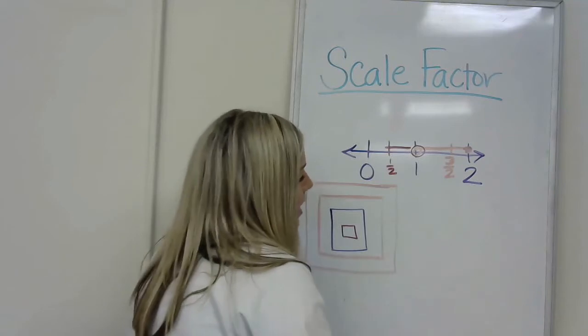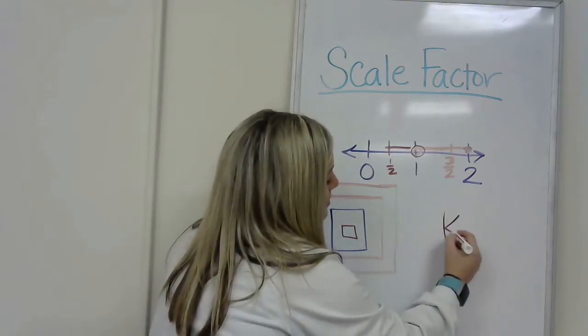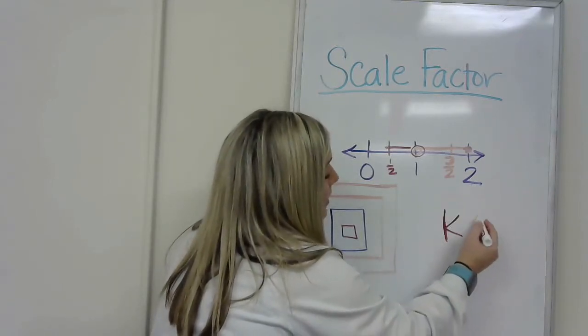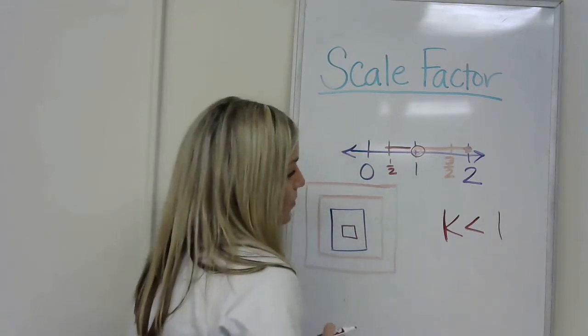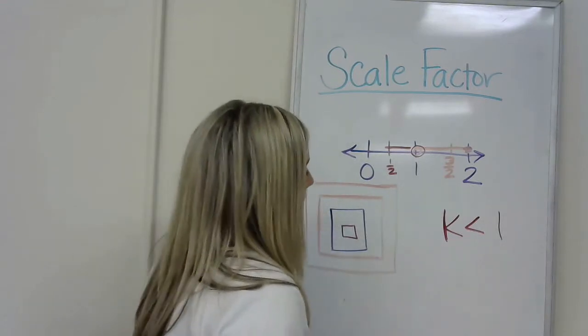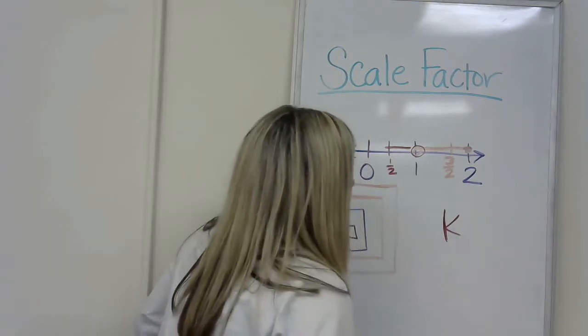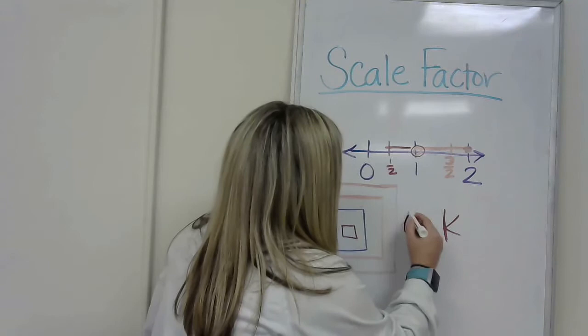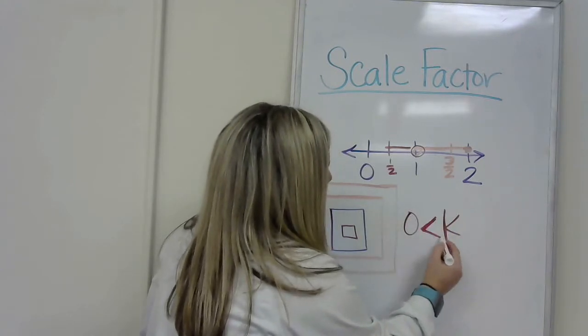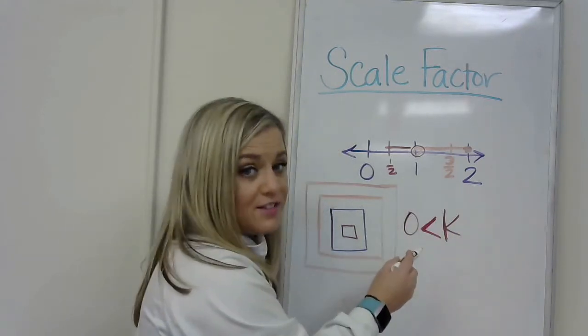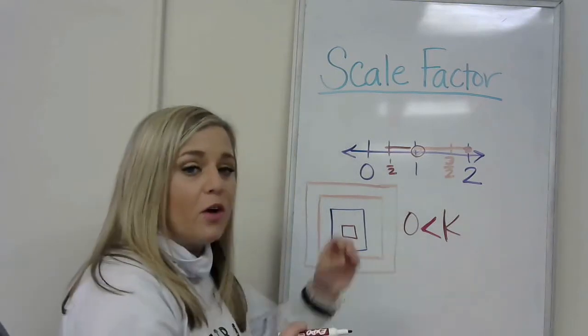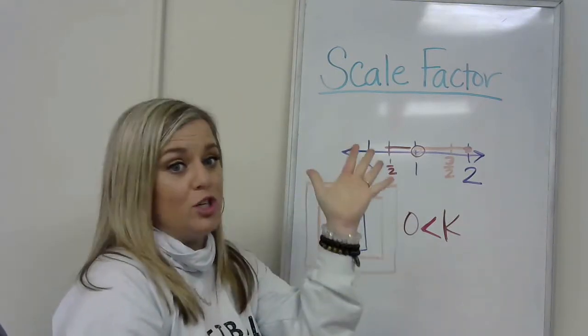So you'll never have a negative scale factor. So we could set that up and say that the scale factor has to be greater than 0. It cannot be 0. If you do 0, we have no shape.